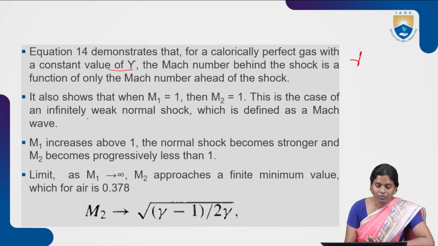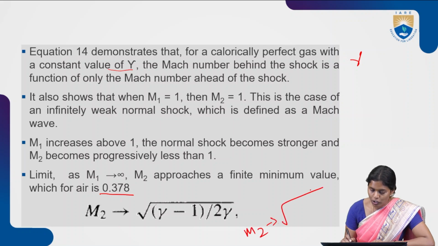This is the case for an infinitely weak normal shock wave, which is defined as a Mach wave. If M1 increases above 1, the normal shock wave becomes stronger and M2 will be progressively less than 1. If M1 tends to infinity, M2 approaches a finite minimum value, which for air is 0.378. For that, M2 will approximate to the square root of gamma minus 1 by 2 gamma.